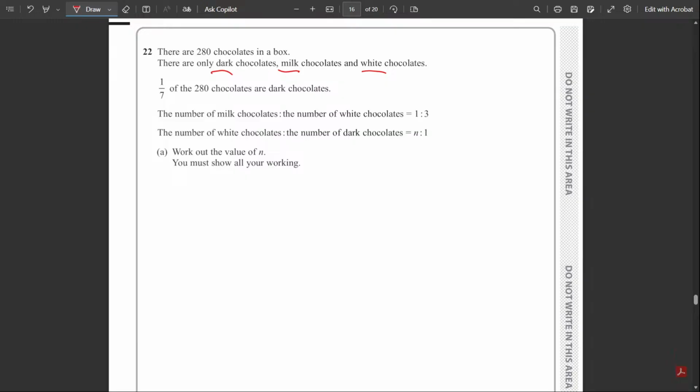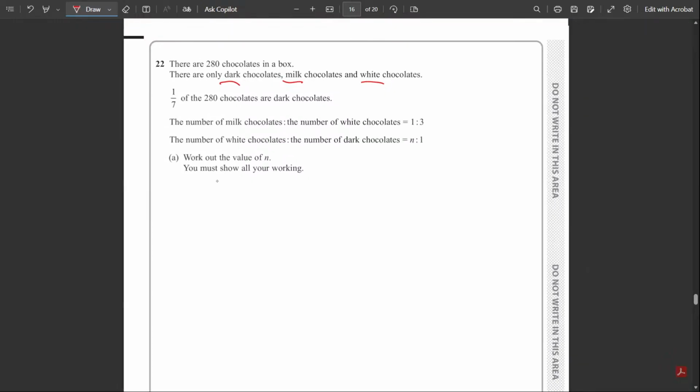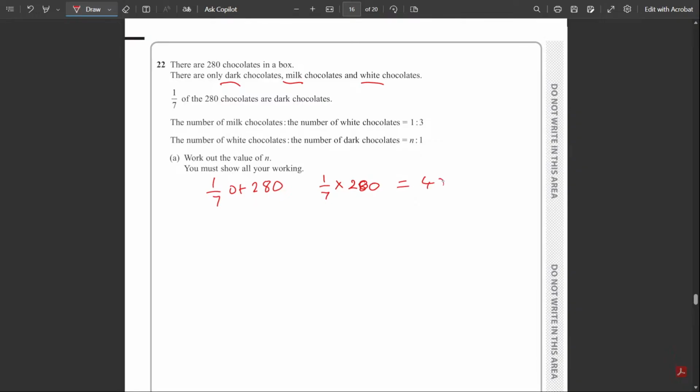1/7 of 280 are dark chocolates. So if I work that out, 1/7 of 280, I'm cutting 280 into 7 equal parts, so divide by the bottom number. 7 goes into 28 4 times, so it's 40.